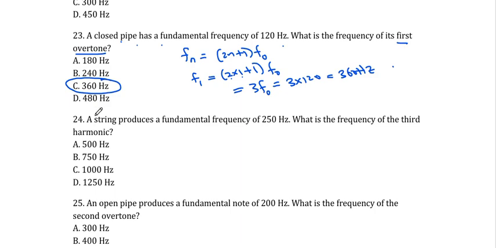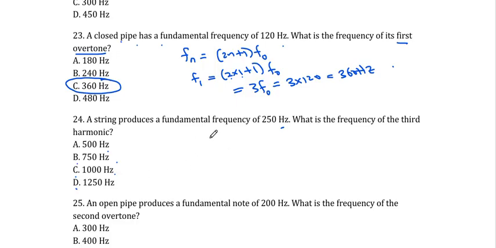Now number 24. A string produces a fundamental frequency of 250 Hz. What is the frequency of the third harmonic? A, 500 Hz, B, 750 Hz, C, 1000 Hz, D, 1250 Hz.